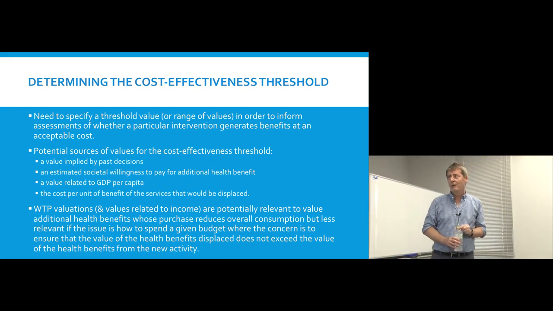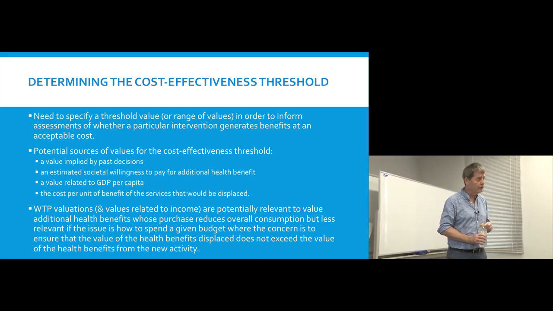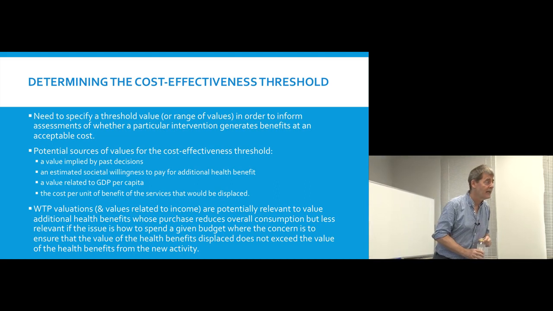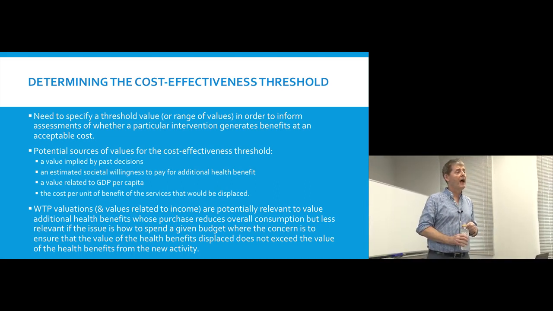Second potential approach for identifying a cost effectiveness threshold is to try and identify society's willingness to pay for additional health benefit. How much is society willing to pay?